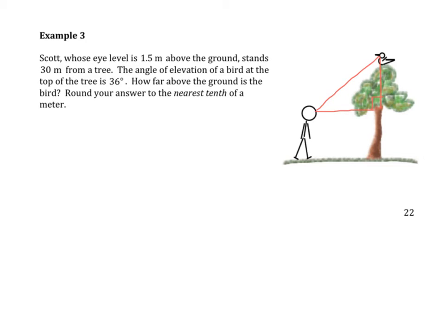Okay, so we have 1.5 meters above the ground, which is the height of this guy. That's the same distance between here and here. The angle of elevation of a bird at the top of the tree is 36 degrees. That gets assigned to here.